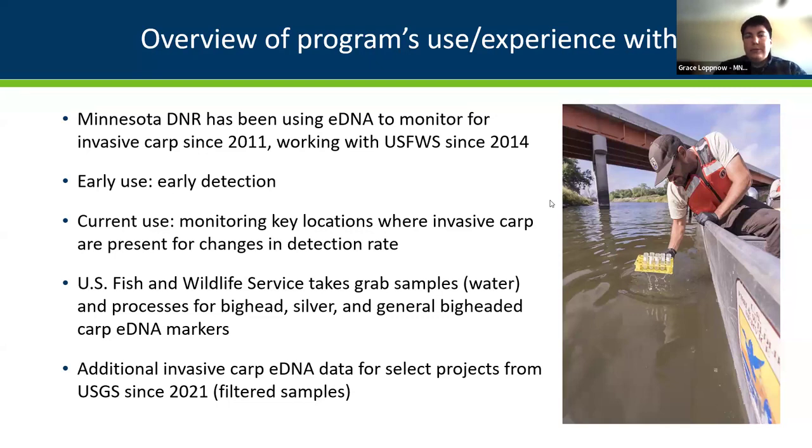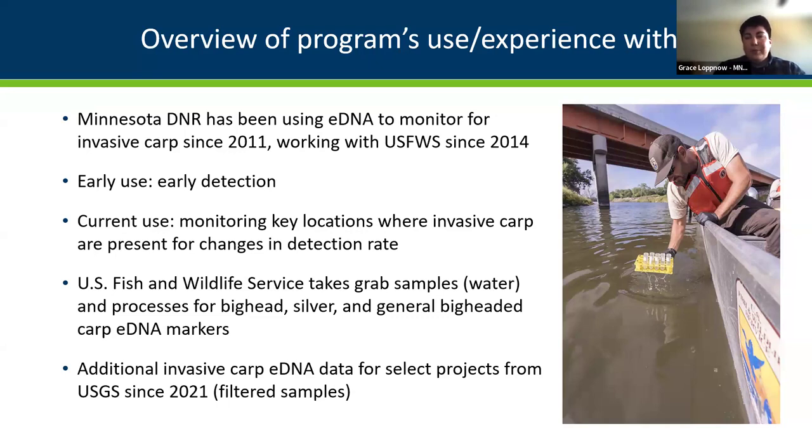Currently, we use eDNA to help monitor key locations where invasive carp are already known to be present for changes in the detection rate. This helps us respond to changes in the population and target locations for removal. So there's been a bit of a change in that use over time at the state. The Fish and Wildlife Service takes and processes the samples for eDNA.